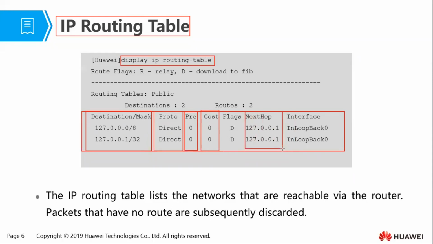Let me skip the flag there. So we have the next hop. We've already said a number of times that a hop is simply a router. So when you talk about the next hop, it is the interface of the next router that we are going to pass this packet to if we want to go to this destination.